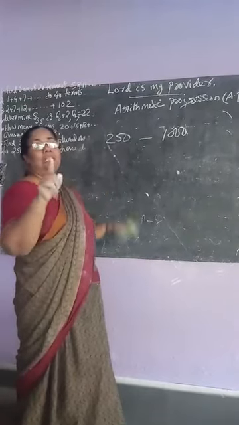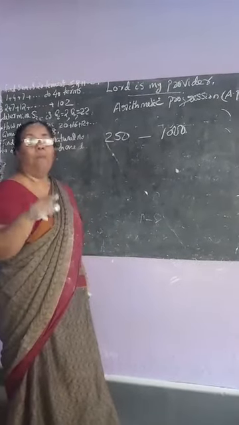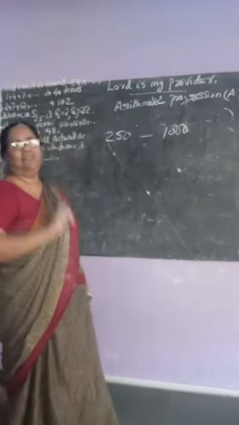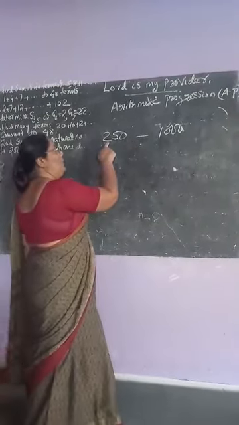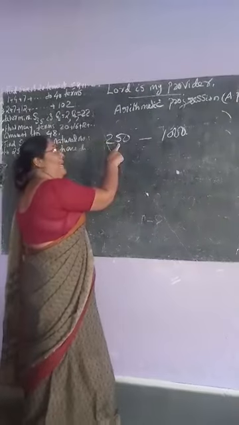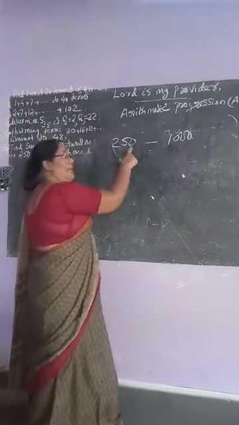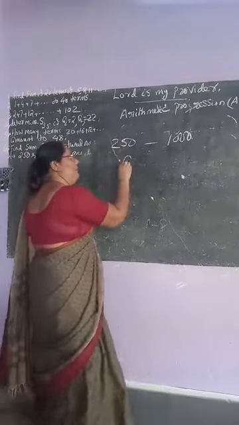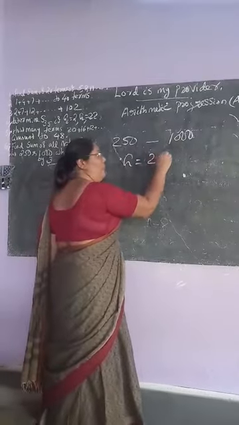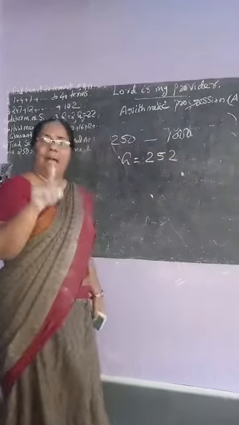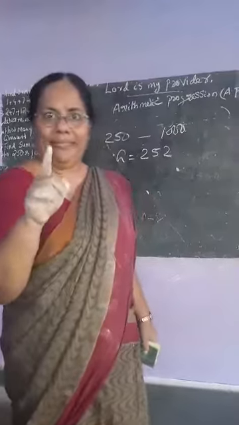If a number is divisible by 3 means sum of the digits is a multiple of 3. Therefore, 2 plus 5, 7. 7 plus 2, that is 252. Therefore, we can say that 252 is the first number which is divisible by 3.